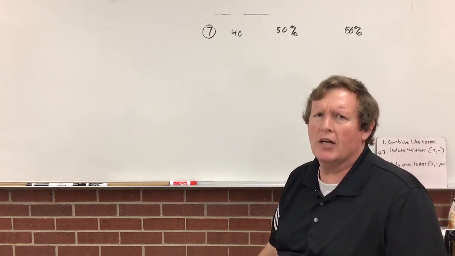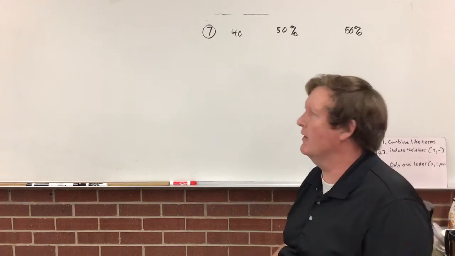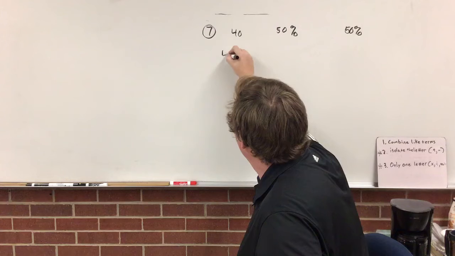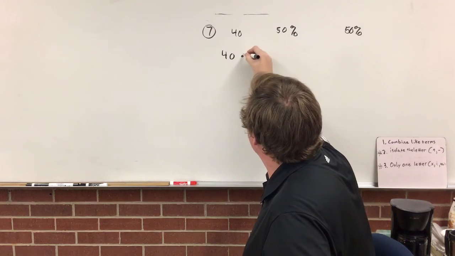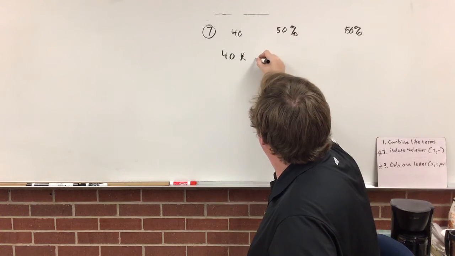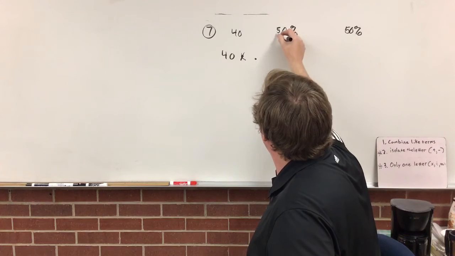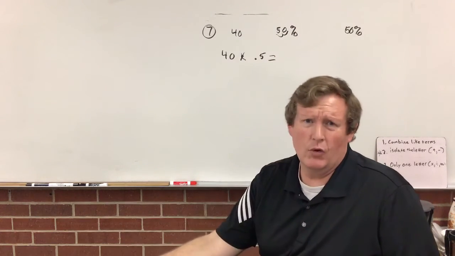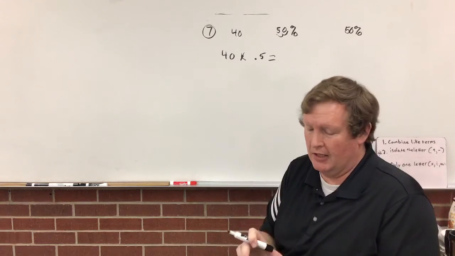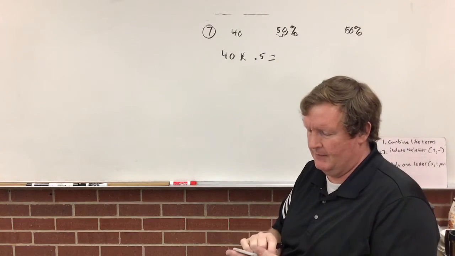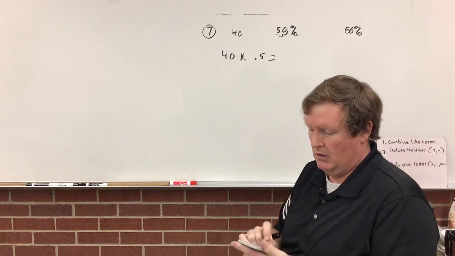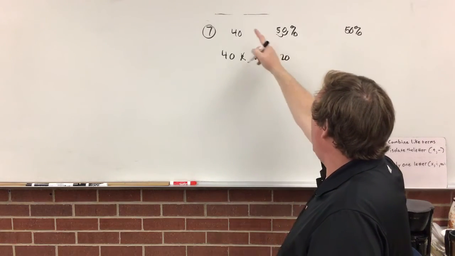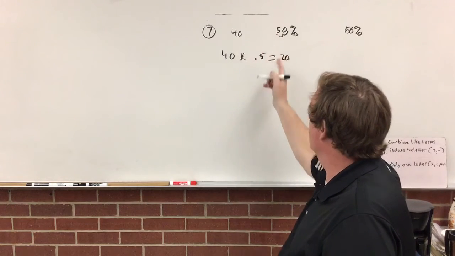I'll walk you through the whole first part and do that one with you. This one's pretty easy. We find the amount of change here. 40 times 50%, which we change to a decimal, which becomes 0.5. So I'm going to take 40 times 0.5. Got my calculator here. You can use it if you want. And I got 20. That makes sense. 50% of 40 is 20.